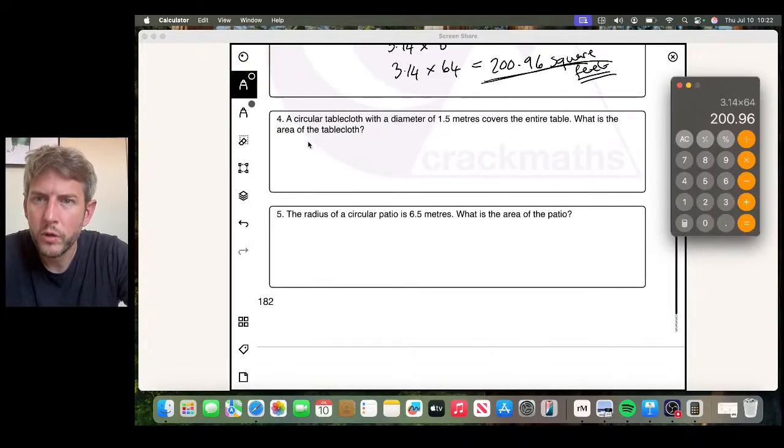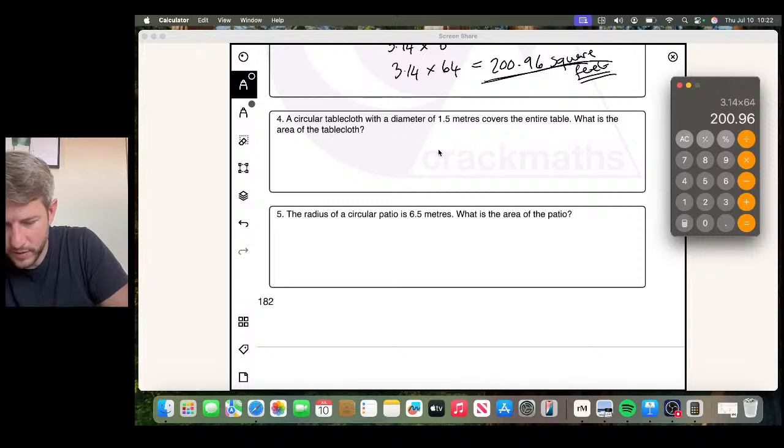Okay, question 4. A circular tablecloth with a diameter of 1.5 meters covers an entire table. What is the area of the tablecloth? Okay, so radius.